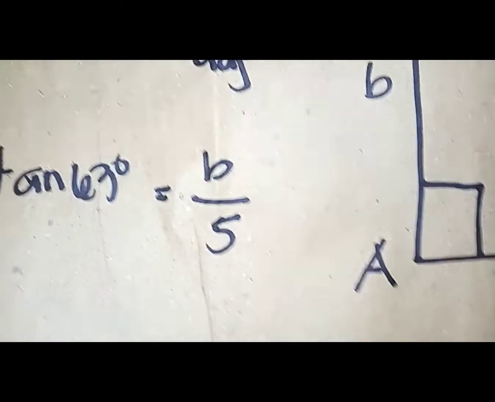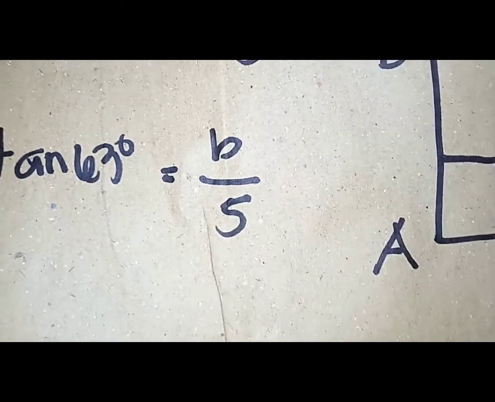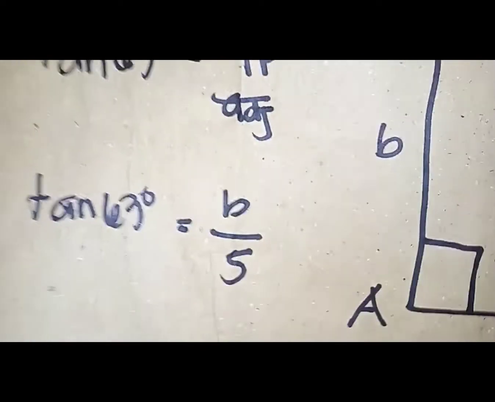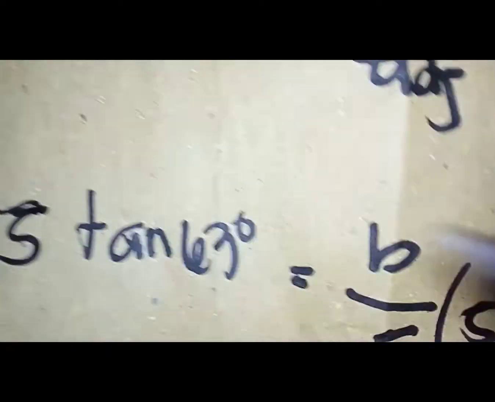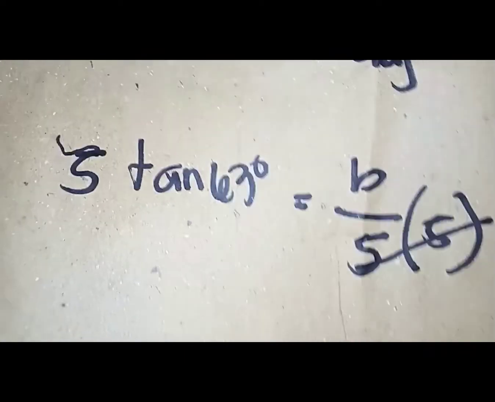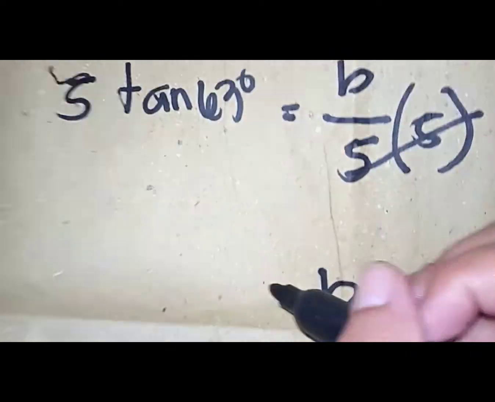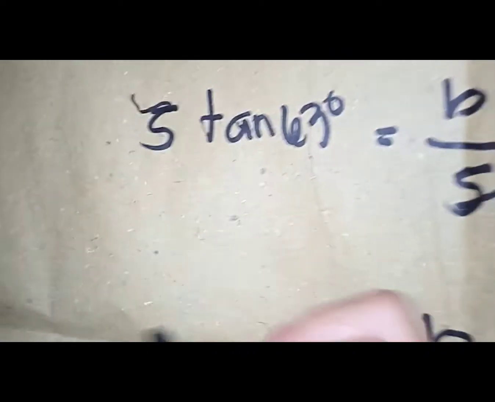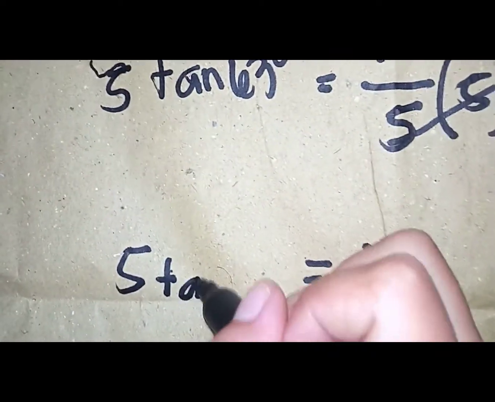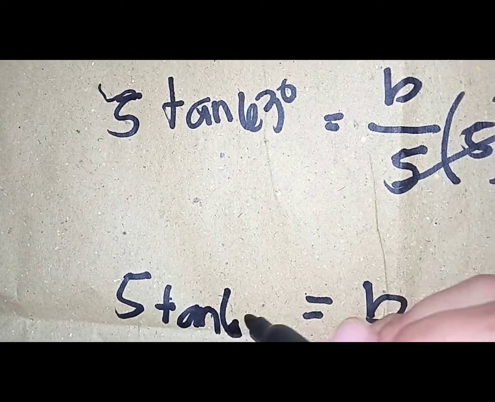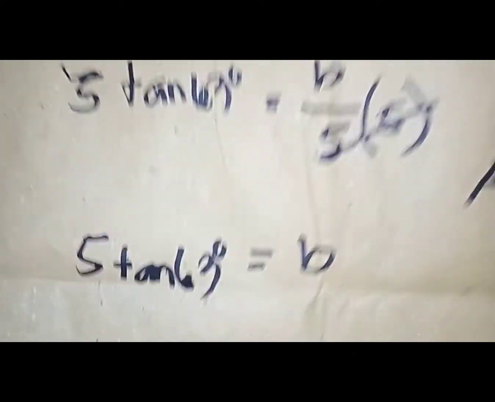And then multiply both sides by 5. Then cross out. So B is equal to, bring down, 5 tangent 63 degrees.